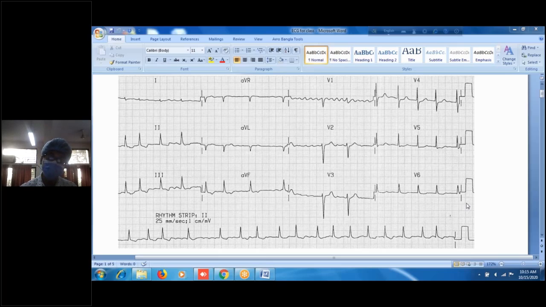Then you will find out the treatment plan. If the patient has paroxysmal atrial fibrillation, asymptomatic or the symptoms are quite tolerable for that patient, and he or she has no risk factor for cardiac diseases like hypertension, diabetes, valvular heart disease, ischemic heart disease, any other issue, it's okay.